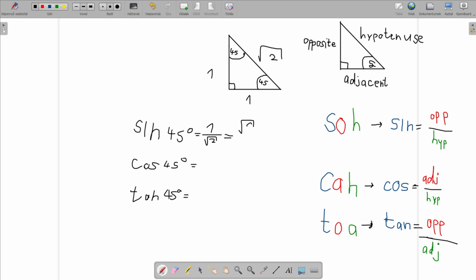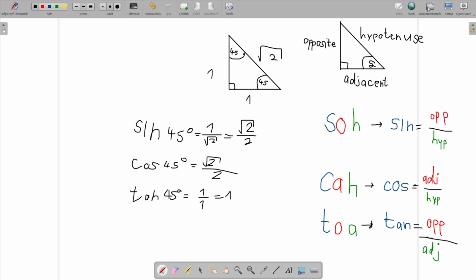This is just the square root of 2 over 2, because in the numerator, square root of 2 times the square root of 2 is just 2, and 1 times the square root of 2 is the square root of 2. Cosine of 45 is going to be the same once again, because this is adjacent over hypotenuse, and tangent of 45 is going to be 1, because that's 1 over 1, which is 1.